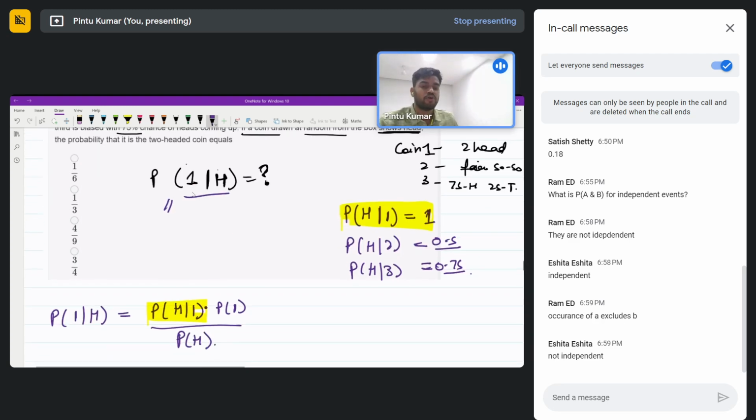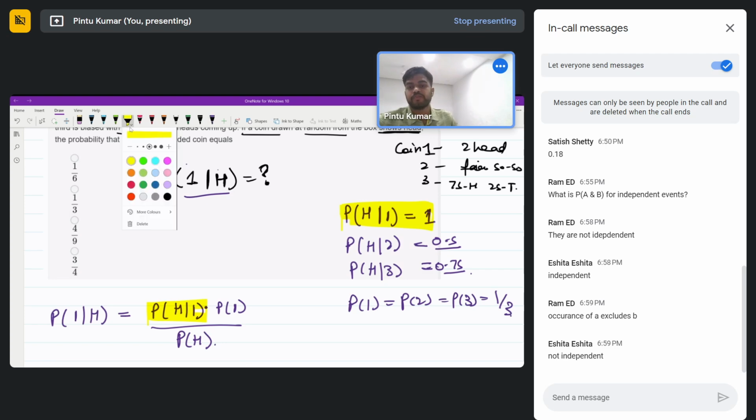It is 1 by 3 for all three of them. So probability of 1 is probability of 2 is probability of 3, which is 1 by 3. There is an equal probability of getting all these three coins. So the second term is also sorted. The only thing that you need to calculate is probability of H.